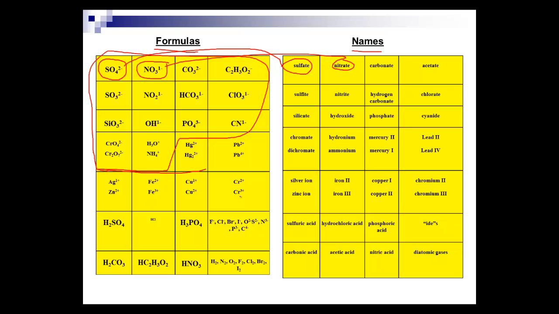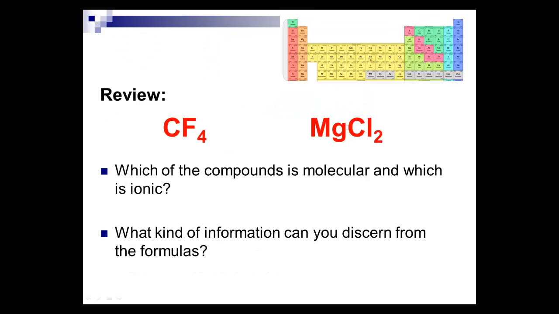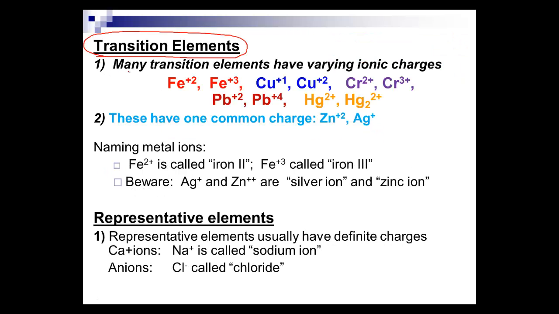We'll talk about those shortly. Let's talk about some ions that sometimes give us trouble. The transition elements. The transition elements are those found here. It turns out that many transition elements have varying ionic charges. So we will see Fe with a +2 and Fe with a +3, copper with a +1, copper with a +2. The atom has lost 1 electron or 2 electrons.